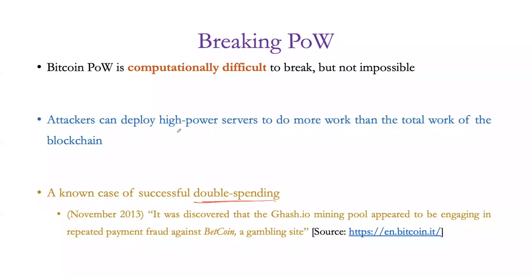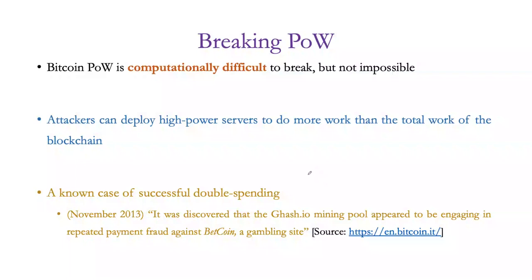It is possible just because of these high power servers, because they get the chance to create the new block and add their own transaction which is already done with others, so that the used transaction can be included in the new block and the old transaction is simply removed from the block, so there will be a chance of double spending.